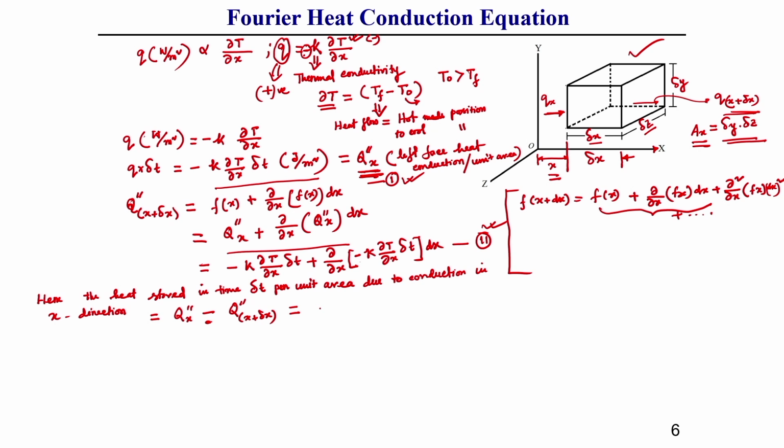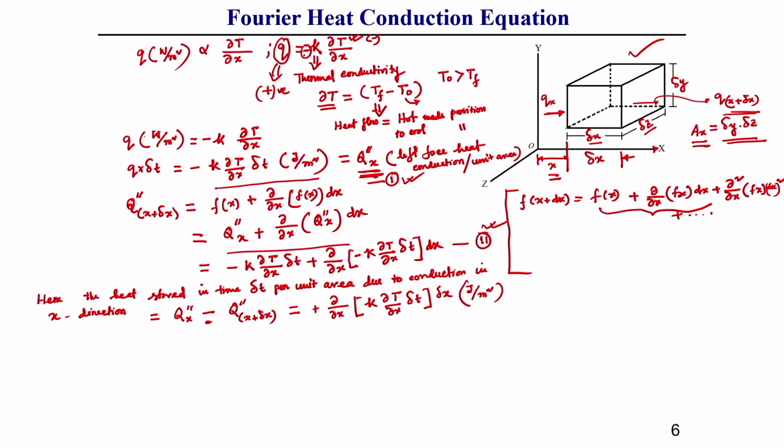So, directly I am putting it, it will be generally plus del by del x of k del T by del x, delta t, into delta x. This much heat per unit area, this unit is joule per meter square. Due to heat conduction, this much heat is stored in this body. Now, what is the total heat generally stored in the body?